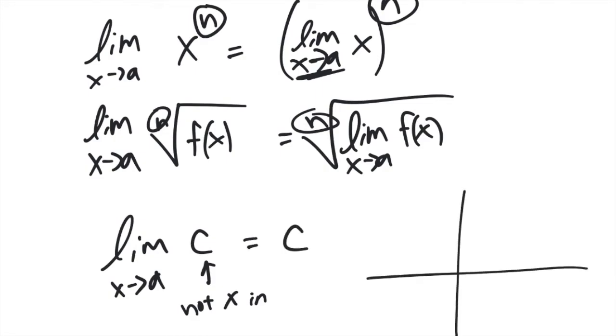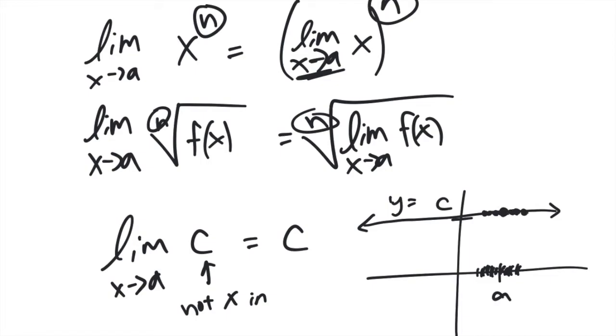Now, I think this one might be worth looking at a graph for. Let's say c is up here, and you have just a horizontal line. And wherever a is, it could be over on the right and be positive, a could be over on the left and be negative, doesn't really matter. But if c is just some constant, then y equals c as an equation would just be a horizontal line. As x goes to a from the left, or as x goes to a from the right, you're getting points on your line that are getting closer and closer to this point right here in the middle.